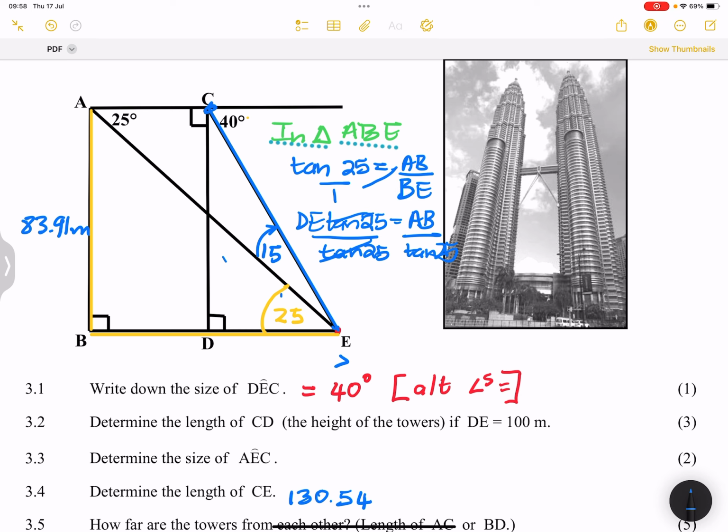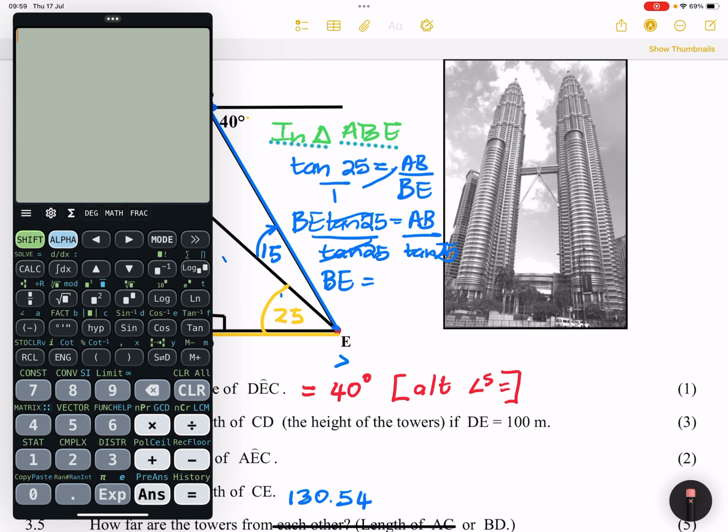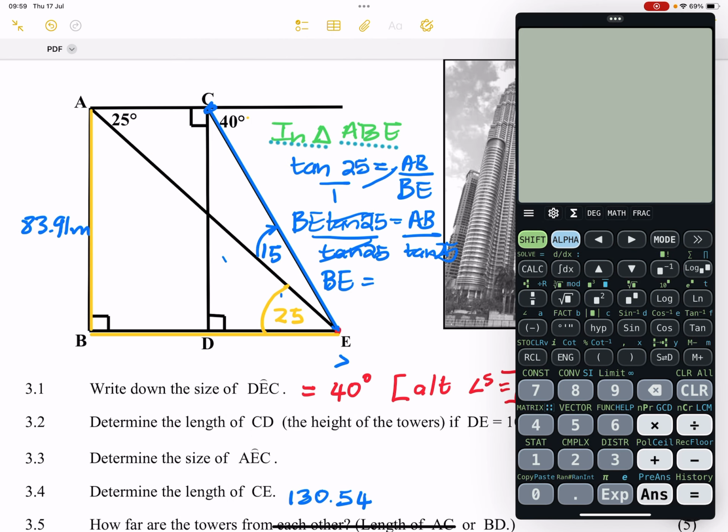And so BE would be equal to AB, which was 83.91, divided by the tan of 25 degrees. I get a value of 179.95.